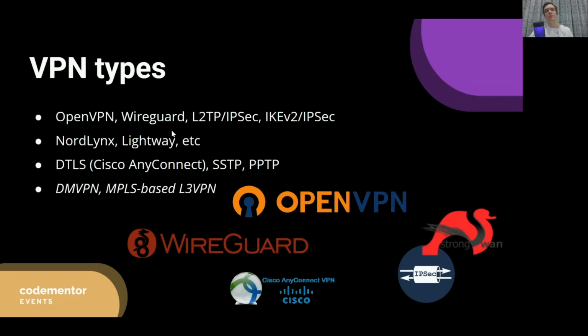Basically, these two provide some extra options, because WireGuard by itself gives you a great encryption protocol, and it's pretty fast, and it has lots of cool stuff about it, but it doesn't give you so much anonymity.